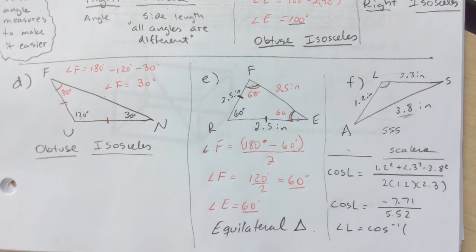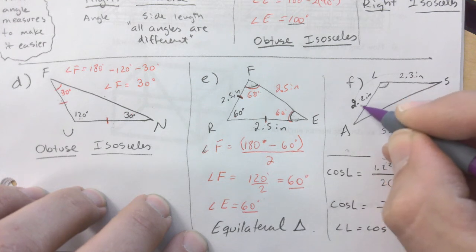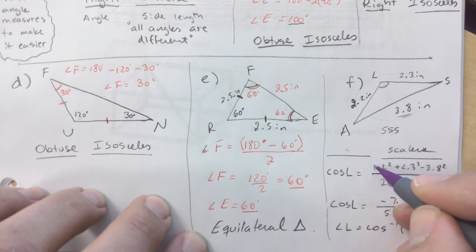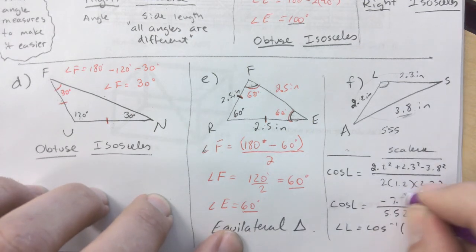Let me just double check. Yeah. My bad. This is supposed to be 2.2. Can you change that? 2.2. So we got to change this to 2.2. Otherwise, you're going to get an error. It's not going to work out.